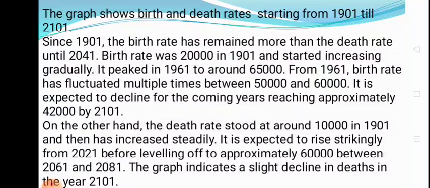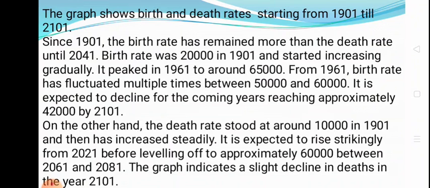It is expected to decline in the coming years, reaching approximately 42,000 by 2101. On the other hand, the death rate stood at around 10,000 in 1901 and then has increased steadily.